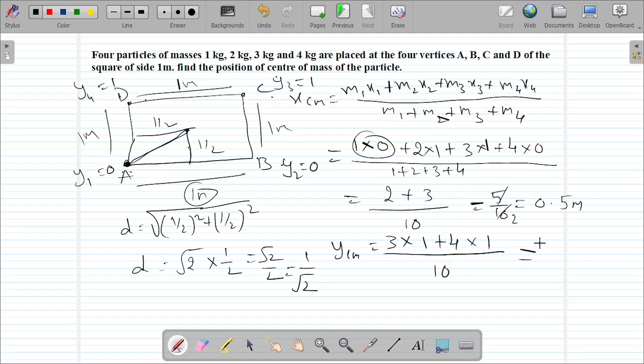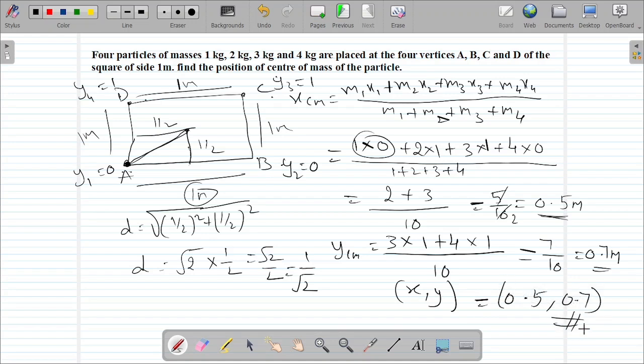So 3 plus 4, 7 by 10, so it is 0.7 meters. So the coordinates of the center of mass are x, y equals 0.5 comma 0.7. Okay, clear?